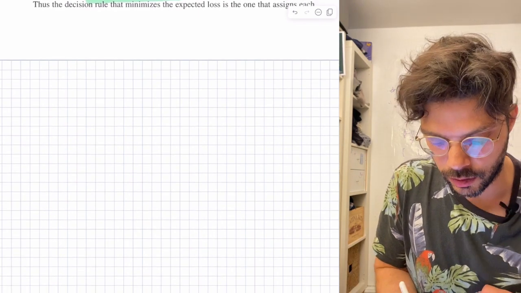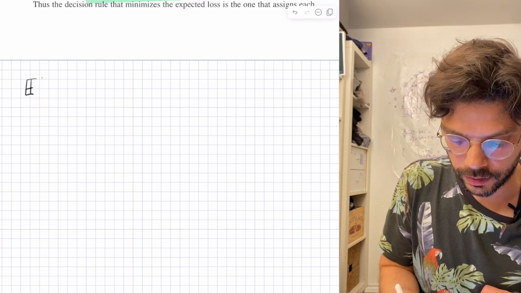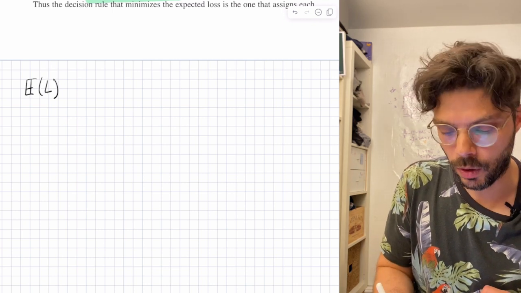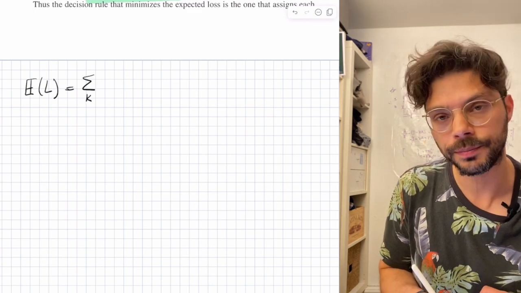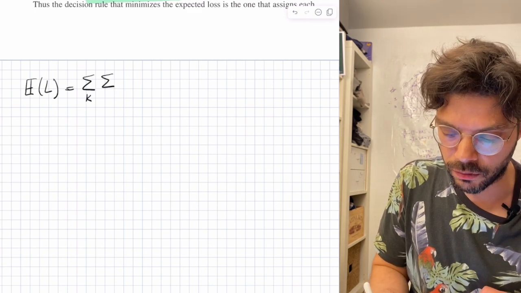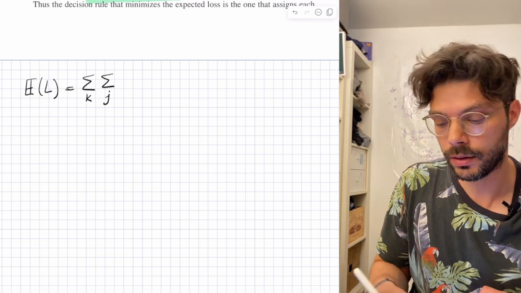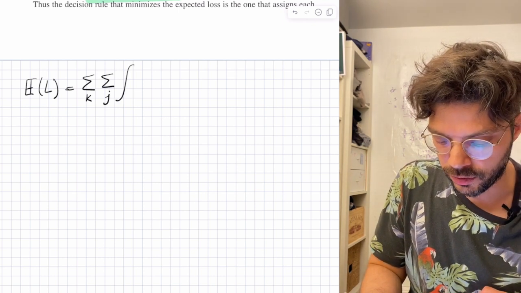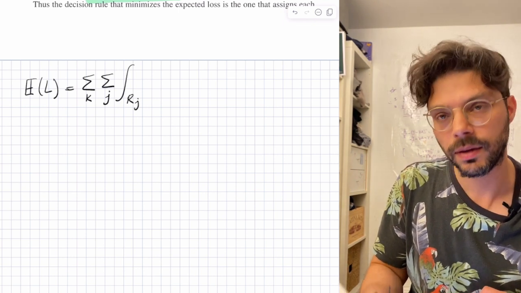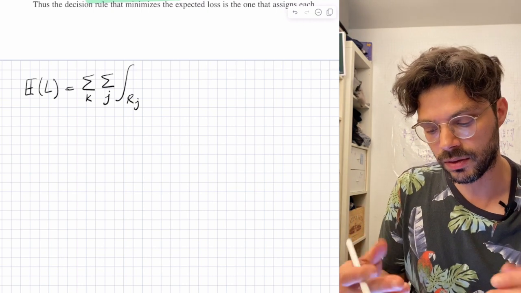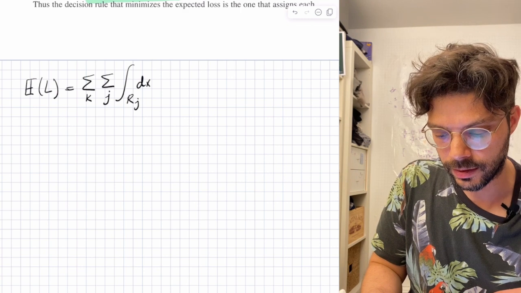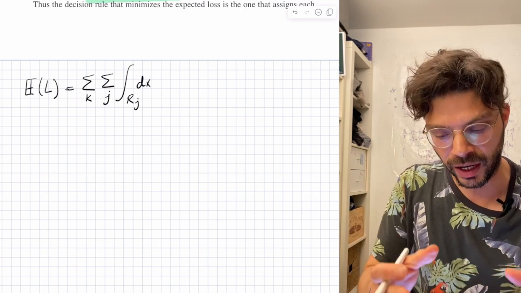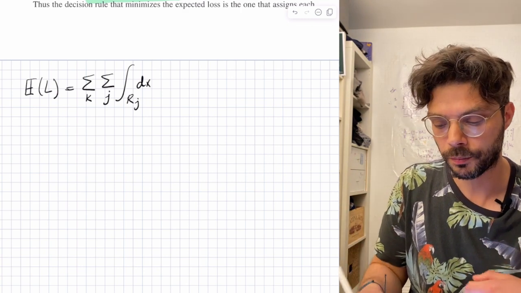So what are we doing? We've got our expected loss. That was a sum over the true classes, K, and then a sum over the assigned classes, J, of this integral that's going to pick out our assignments: the region J, the points that have been assigned to this particular region.